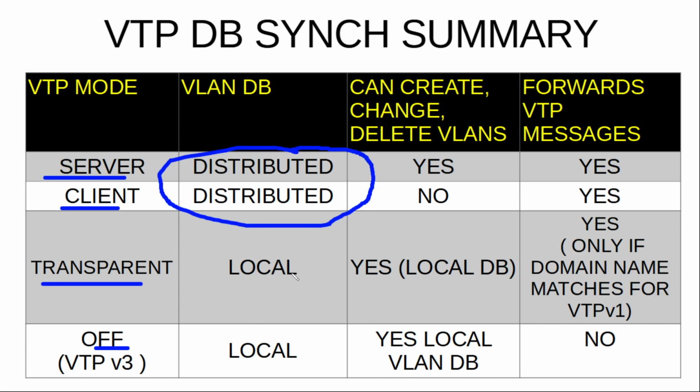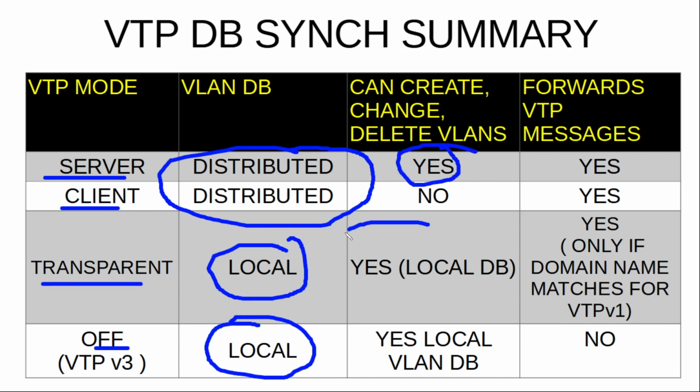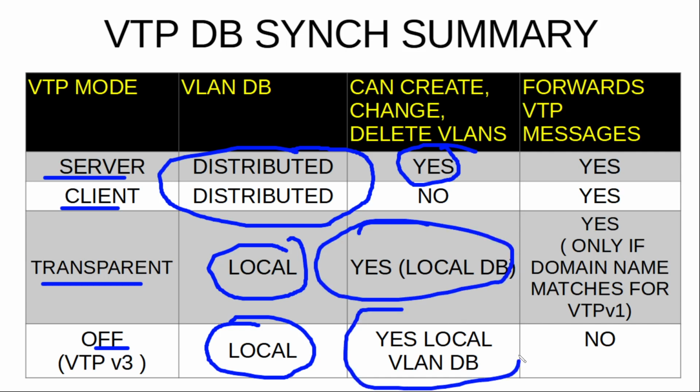Transparent and off mode switches have their local database. Transparent, off, and server switches are able to create, change, and delete VLANs. Client mode switches cannot modify the VLAN database, and most of them can forward VTP messages, with the exception of switches operating in off mode.